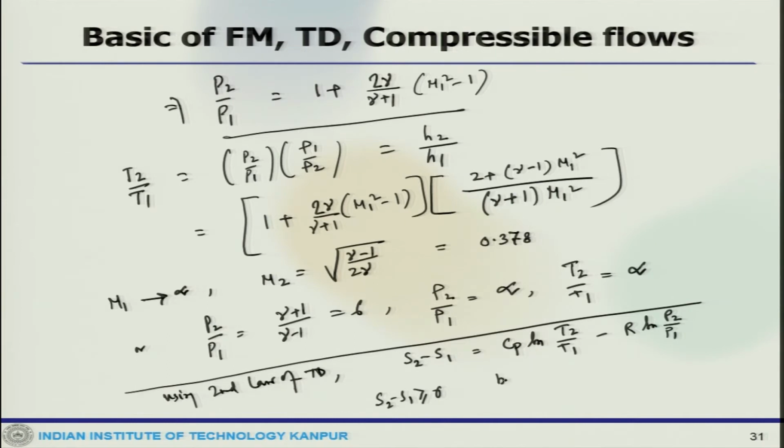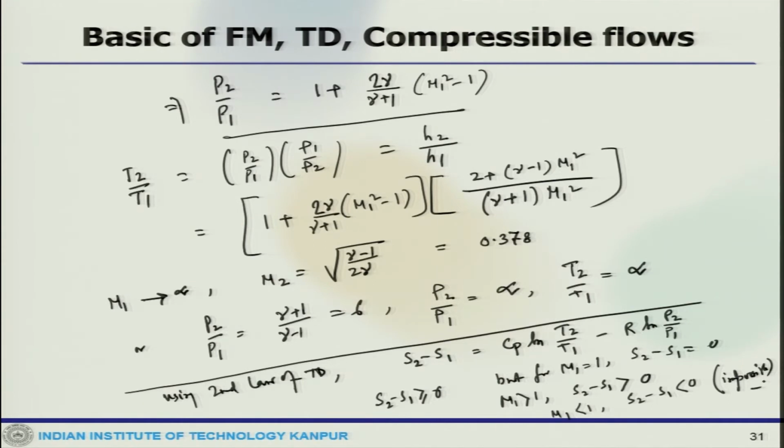But for m equals 1, H 2 minus H 1 equals 0, but for m 1 greater than 1, H 2 minus H 1 greater than 0, and for m 1 less than 1, H 2 minus H 1 less than 0. So, this is an impossible situation.